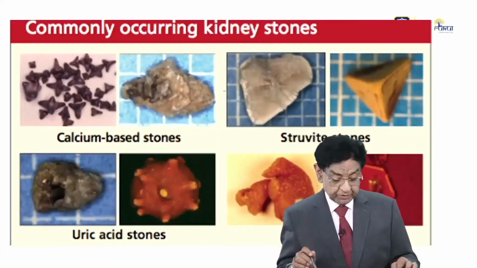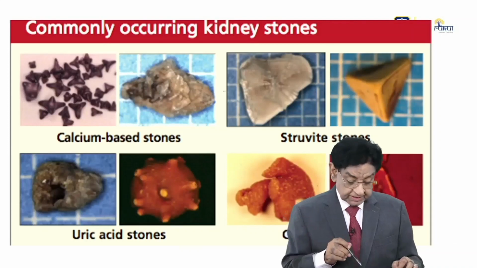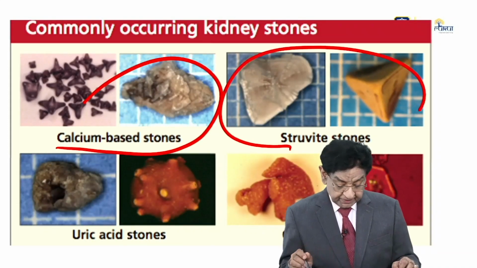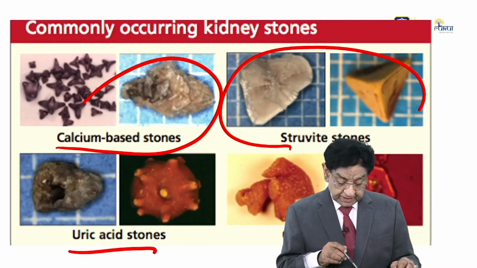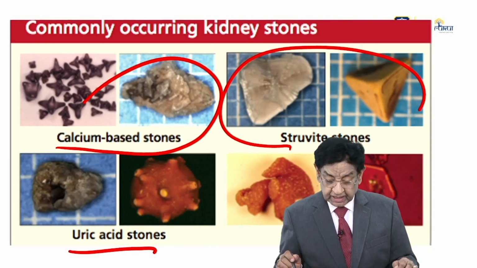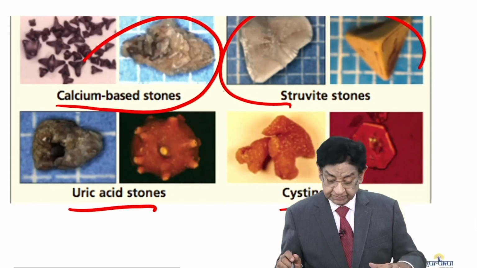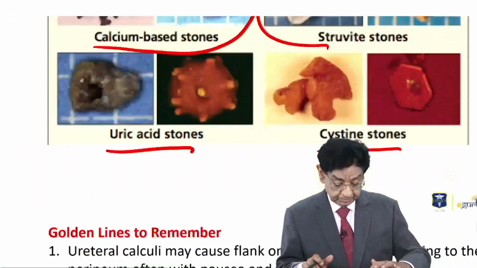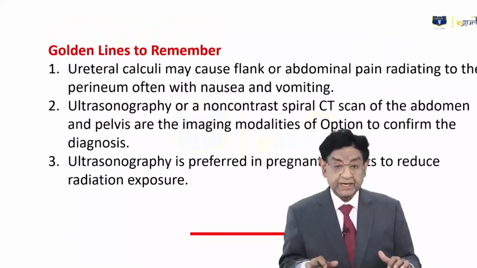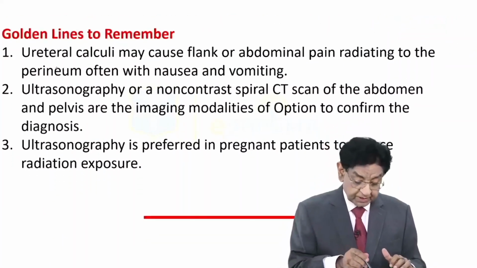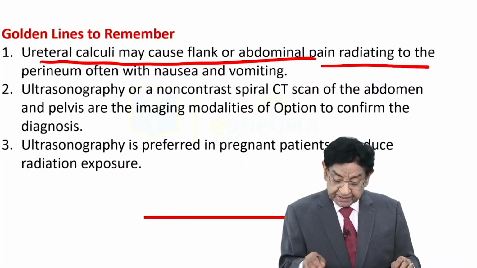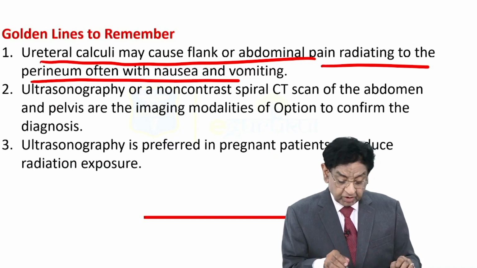Well, now I can show you some of the stones. These are calcium-based stones, struvite stone, which is mainly a phosphate stone, uric acid stone, and cystine stone. Golden line to remember: ureteric calculi may cause flank or abdominal pain radiating to the perineum, often with nausea and vomiting.